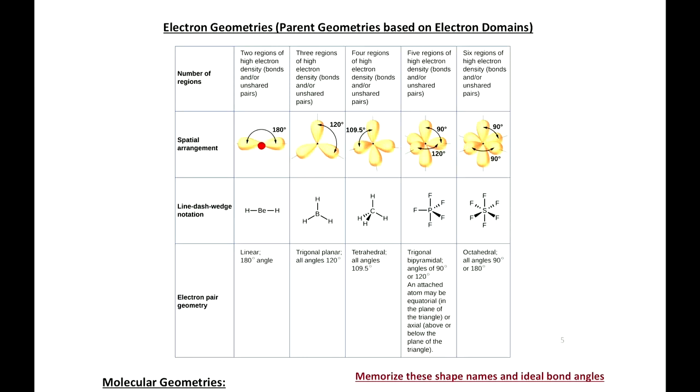We have a linear arrangement of electron domains, trigonal planar, tetrahedral, trigonal bipyramid, and octahedral. So depending on the number of electron domains, those electron domains are going to spread out as much as possible to give each other as much room as possible.